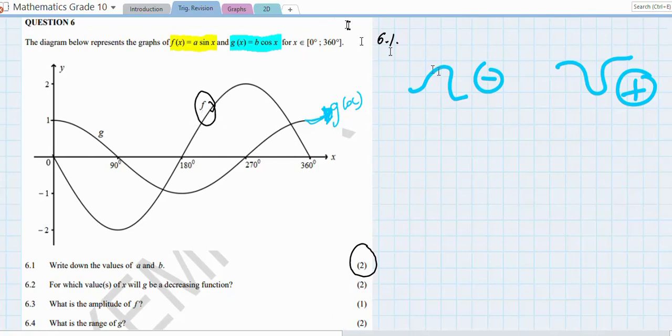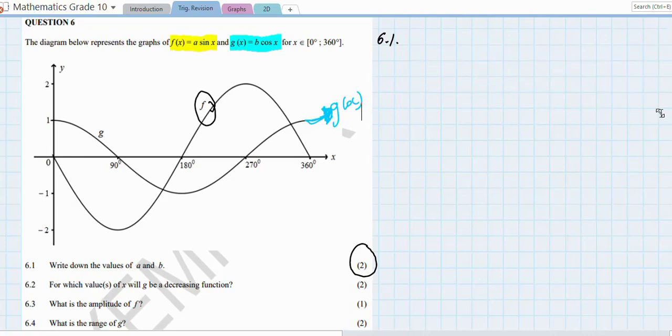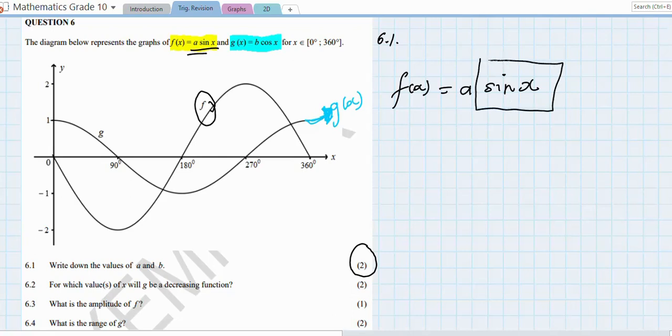I'm wasting time. So now, they need us to find a. Where do we see a? A is in the sine. So whenever you have f of x is equal to a multiplied by the sine of x, this function that you see, it has a coefficient, and the coefficient is a.